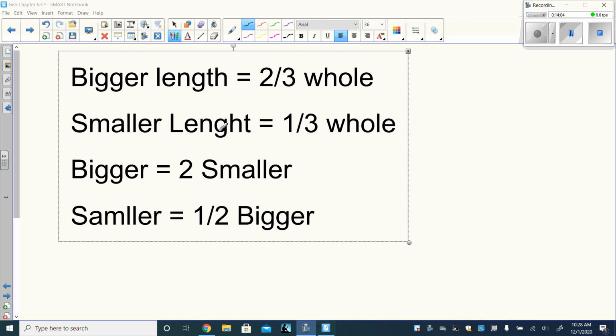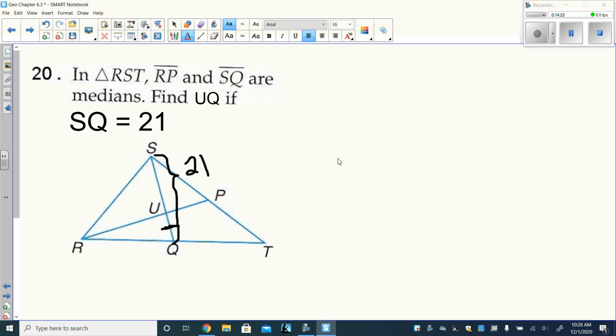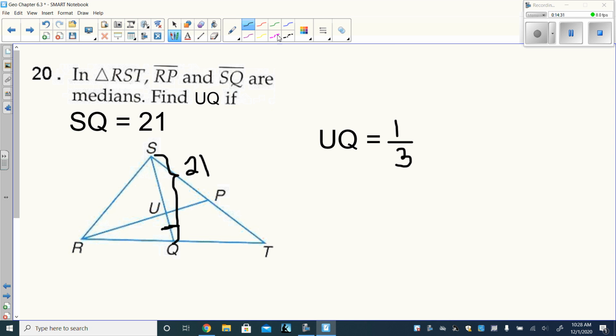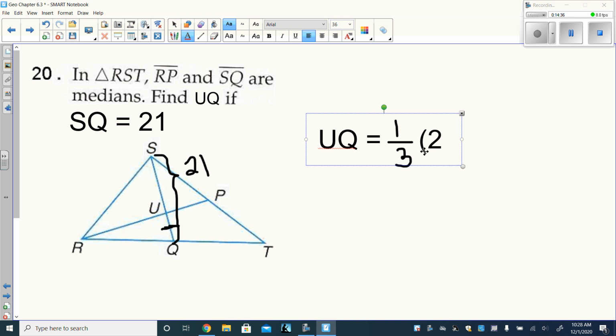Now, according to our formulas and theorems that we found, the smaller length is equal to 1/3 of the whole. So if I want to figure out what the smaller length is, I multiply the whole length by 1/3, or we're just going to divide the whole length by 3 to figure out what this smaller length is.